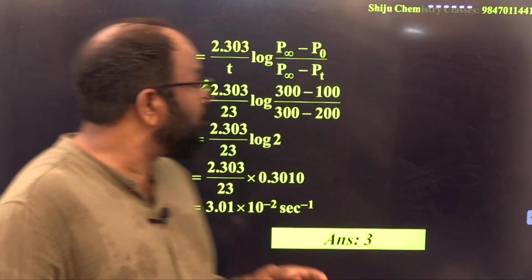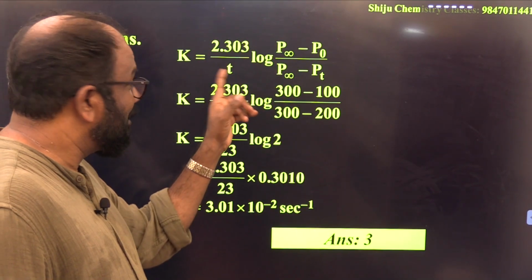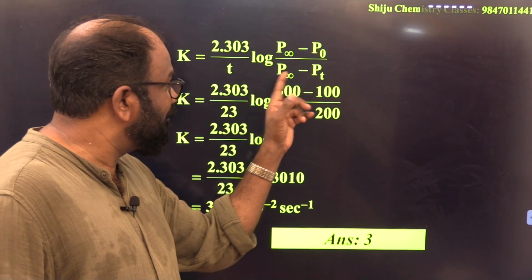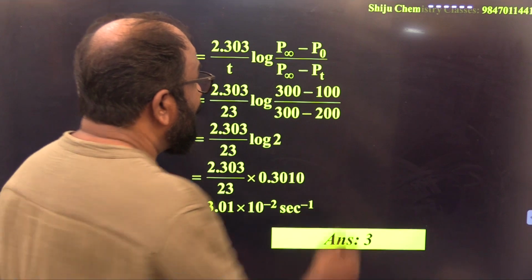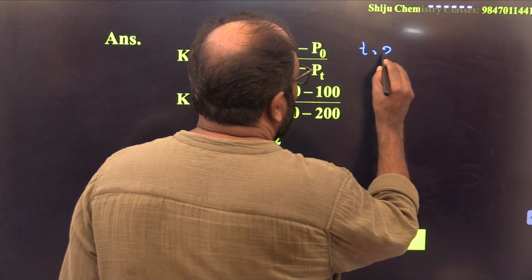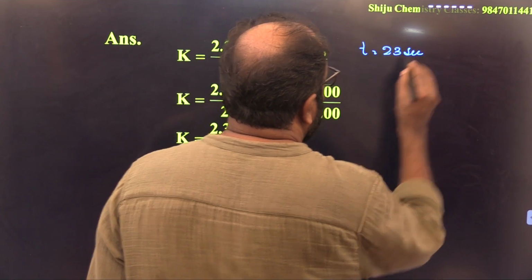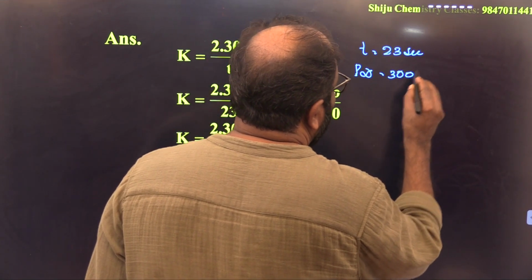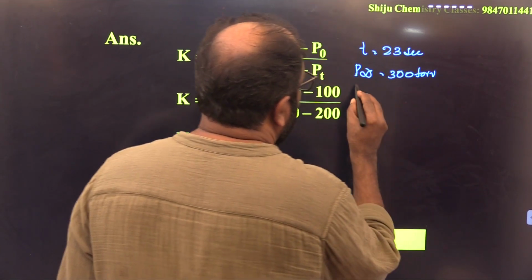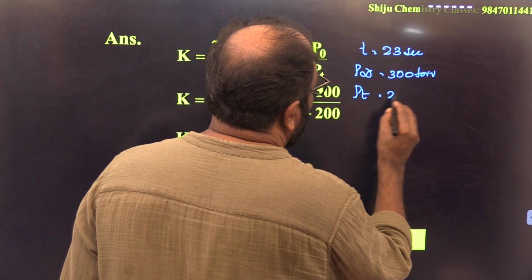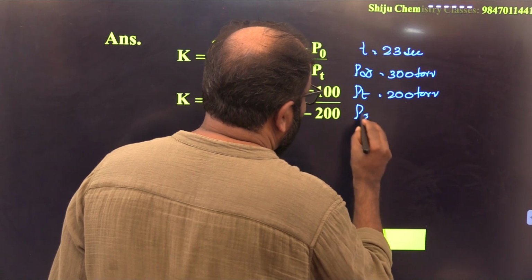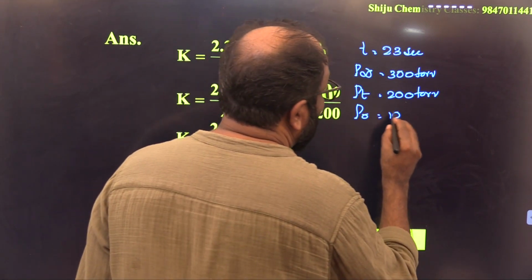Then for a first order reaction, the rate constant K is equal to 2.303 divided by t into log of P infinity minus P0 divided by P infinity minus Pt. Here the time t is equal to 23 seconds and P infinity is given as 300 torr. Pt is equal to 200 torr and P0, its value we have calculated as 100 torr.